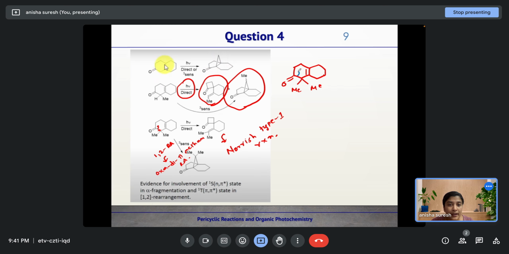Here alpha fragmentation will take place. You will get this, a triplet radical, a tertiary radical. Then it will undergo recombination here and this will get quenched. So we will get 1, 2, 3, 4.